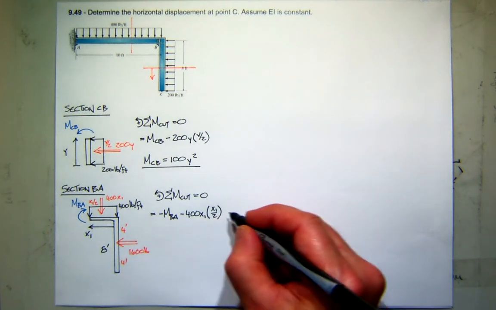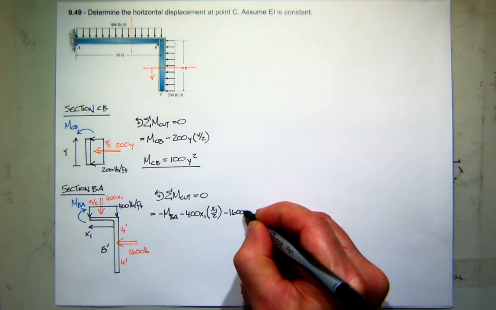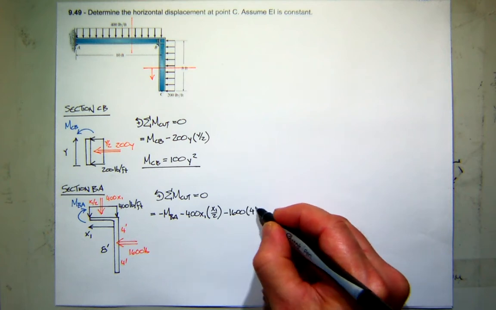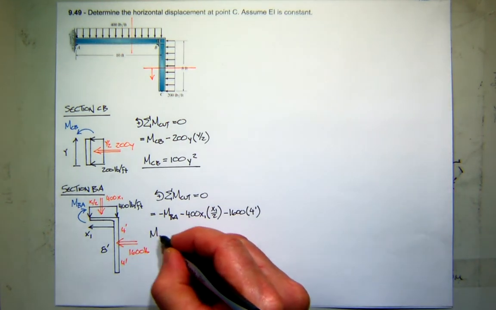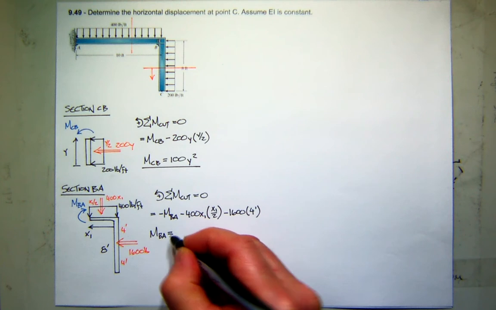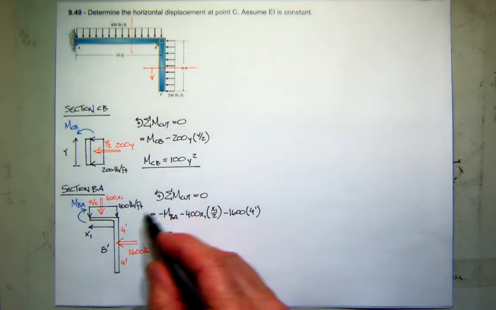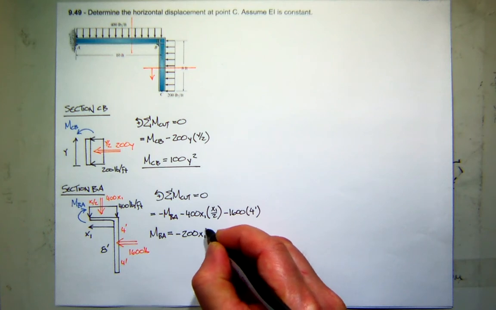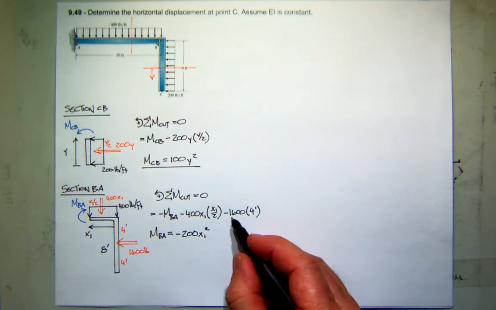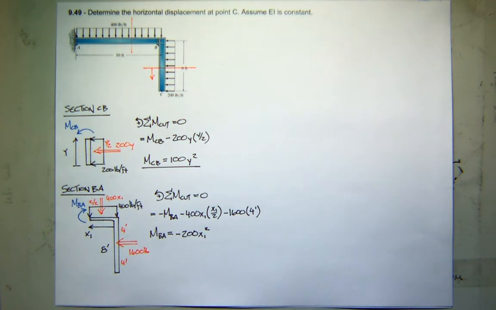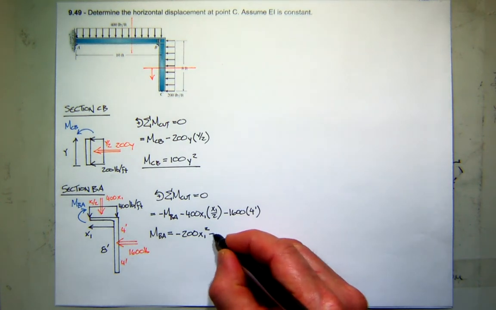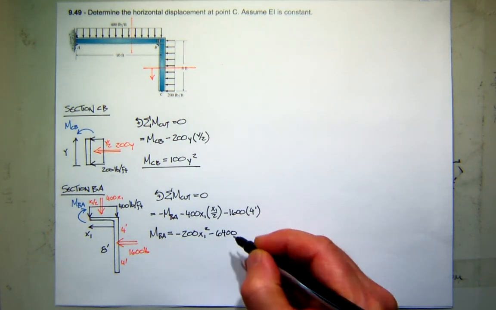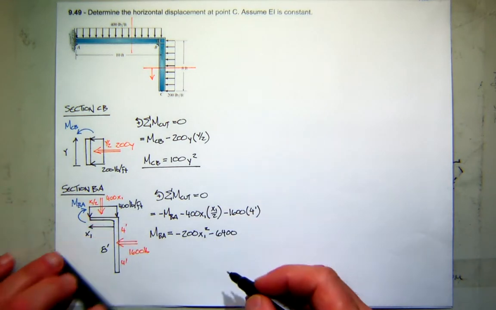Also negative. That'll be the force 1,600 times 4. So what is the moment at BA? Well, I'll put this to the other side. So it looks like it's minus 200 X1 squared, and that's 6,400. Is that right? 1,600 times 4? So there's my real moment.